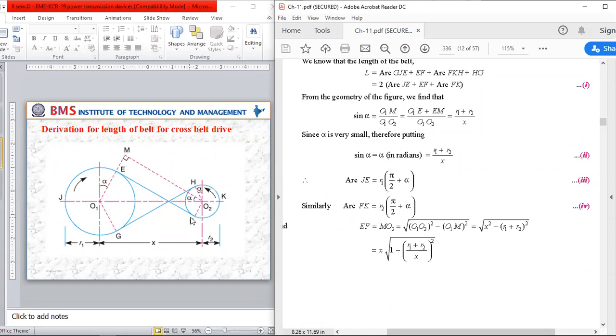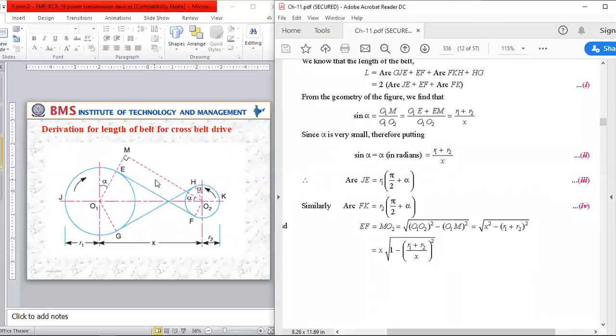For EF, use the Pythagoras theorem. We know that EF is equal to MO2. So O1 O2 whole square is equal to O1M square plus O2M square.